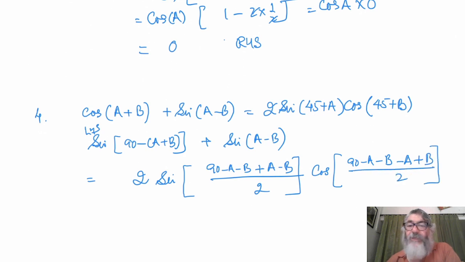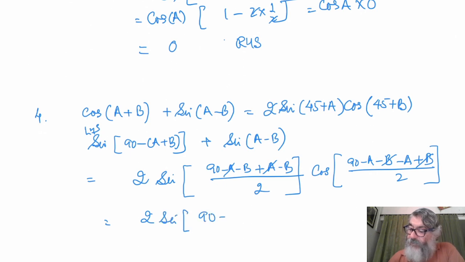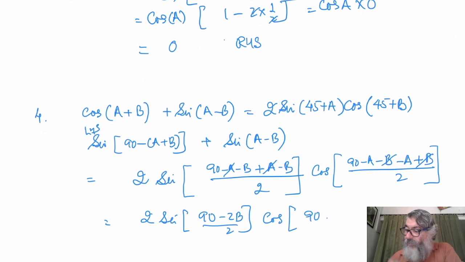Whenever a negative sign is there, signs inside would change. Let us see what we can cancel. A and A will cancel, here B and B will cancel. What will I get? I'll get 2 sin((90 minus 2B) upon 2) and this will be cos((90 minus 2A) upon 2).